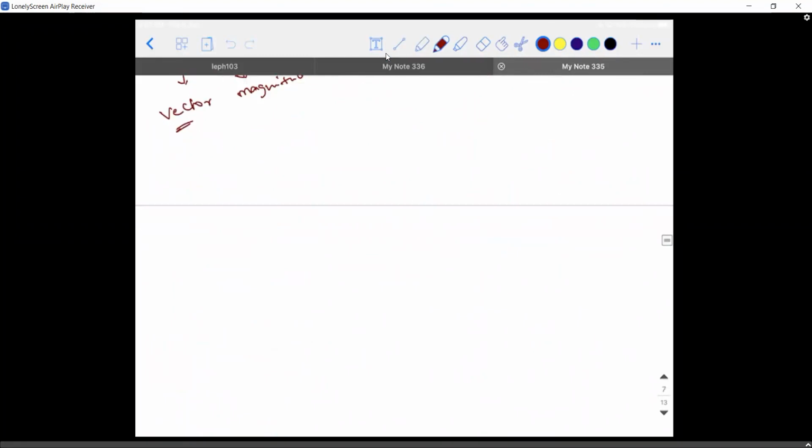So we'll go to the next concept, that is orthogonal unit vectors. That is the concept we are going to see.